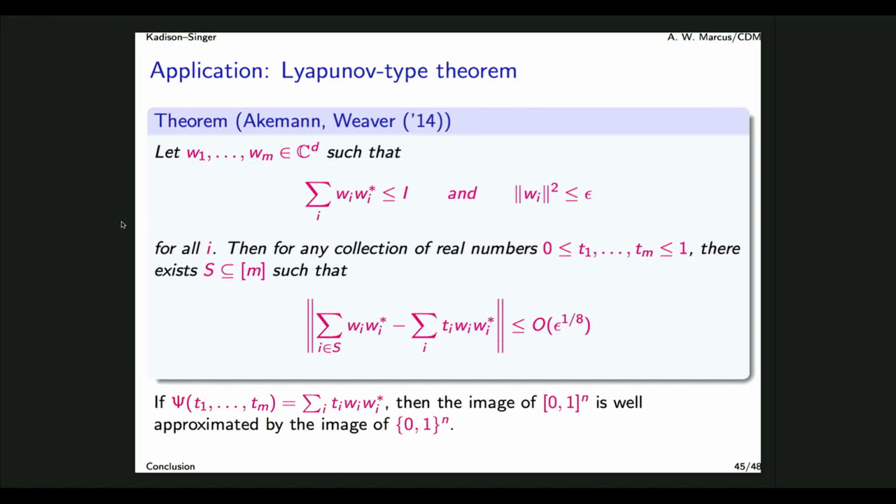And what it says is that if w1 through wm are complex vectors, such that the sum of the wi wi star is less than or equal to the identity, which is the largest eigenvalue is at most 1, and all of these wi squareds are small, then for any collection of real numbers between 0 and 1, t1 through tm, there exists a set S such that the distance you are from this real combination of these guys is bounded by epsilon to the 1/8.